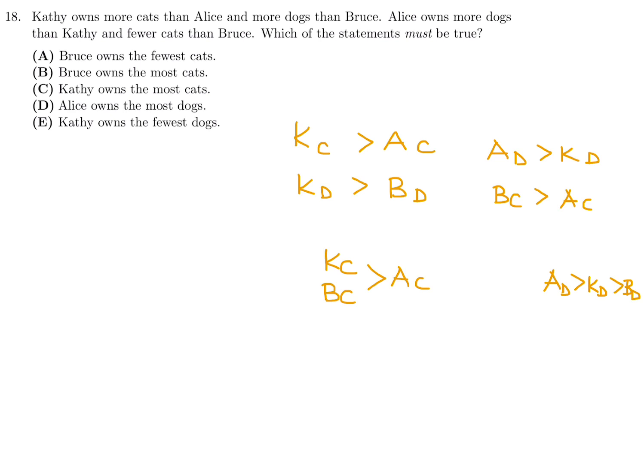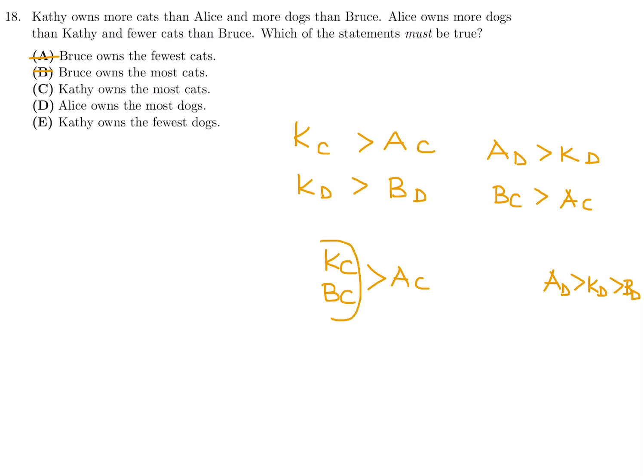Well, okay, let's go through the answer choices. Bruce owns the fewest cats. Well, Bruce owns more cats than Alice, so that can't be true. Bruce owns the most cats. We're not 100% sure because we are not told any comparison between Kathy and Bruce when it comes to cats. So we're not sure there. Kathy owns the most cats.